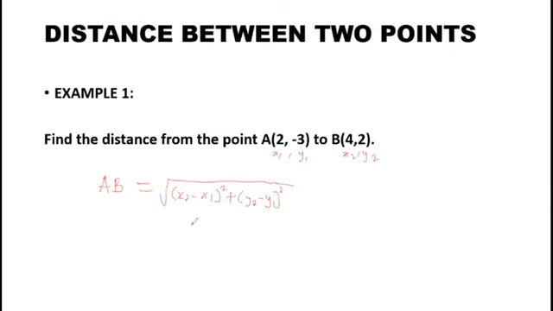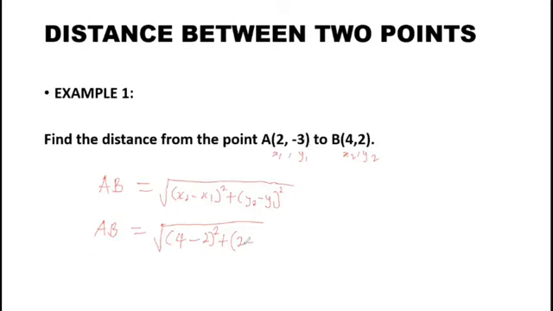So when I substitute these values into the general formula, then I have AB is equal to the square root of x2, which is 4, minus x1, which is 2, all squared, plus y2, in this case 2, minus y1, which is negative 3.